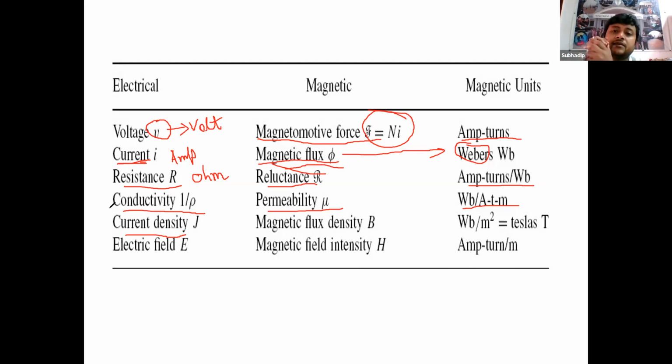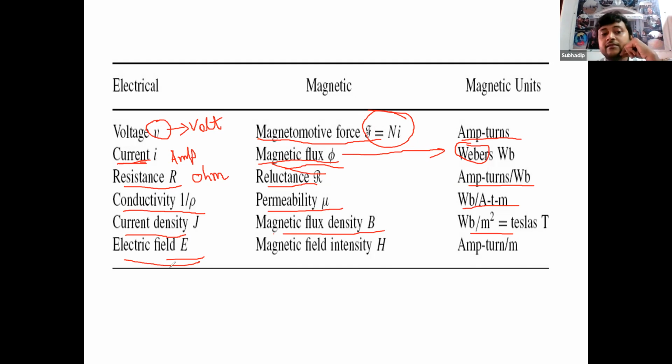The similar thing in the magnetic circuit, by analogy, is the flux density B, in Weber per meter square, or Tesla. Now in the electrical circuit, the electric field is given by capital E.